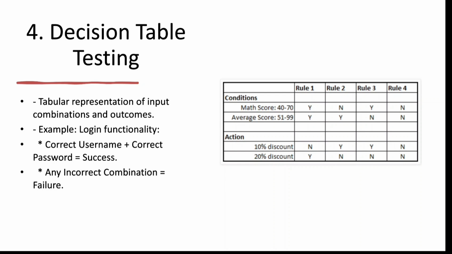Now another is decision table testing. This is a tabular method. Here we write some conditions and what kind of action we need to perform, and we set up rules, like if this condition is there, then what action it will become. We can cover this by creating a table.